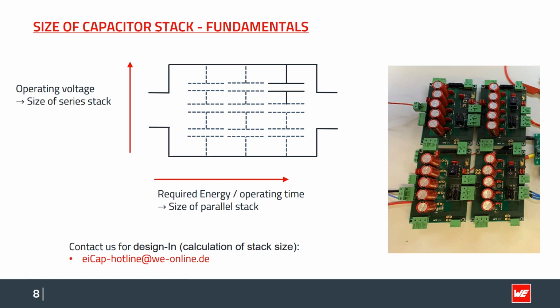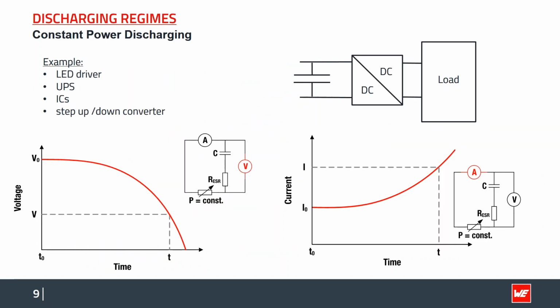But what would the discharge characteristics look like? In principle, three different discharge regimes exist. As I have said, most people utilize the DC-DC converter, so let's start with that. The discharge regime for a DC-DC converter is at constant power. The corresponding voltage and current characteristics are shown here.